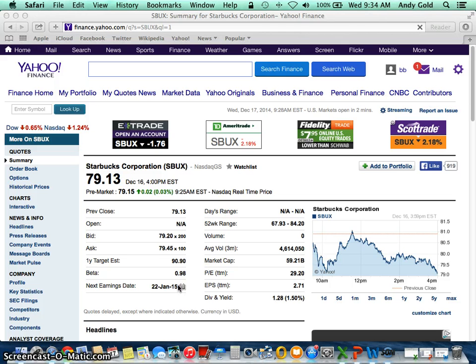Typically, what you'll find is companies that are mature, that have been around for a long time, that are growing at a slower rate, will have a much lower beta or much less volatility because they're inherently much more stable corporations. Examples of these types of corporations would include Coca-Cola, Procter & Gamble, Colgate, McDonald's, and so forth.